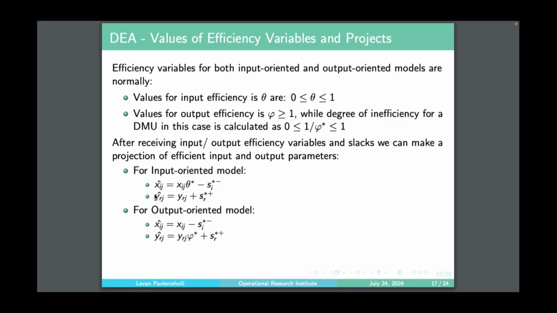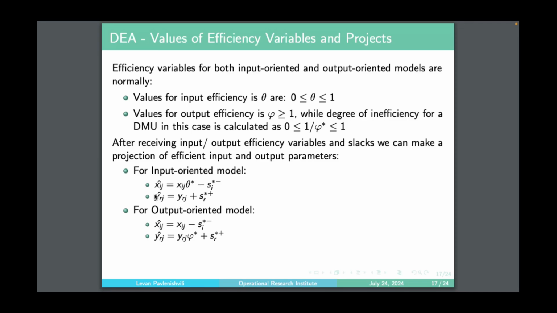The philosophy is a bit different here. It tells me, for my inefficient decision-making unit, I can calculate, if I change my current input parameter, what can I get for an output parameter?